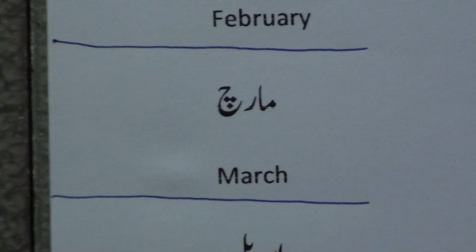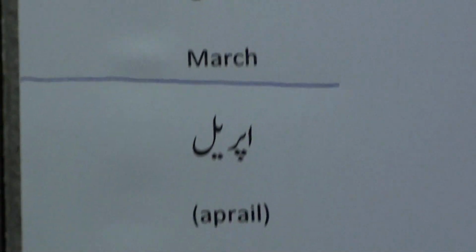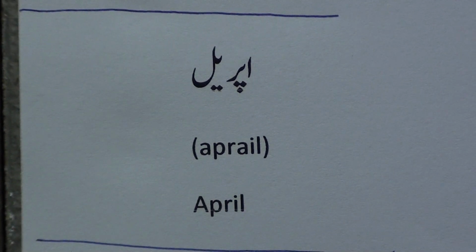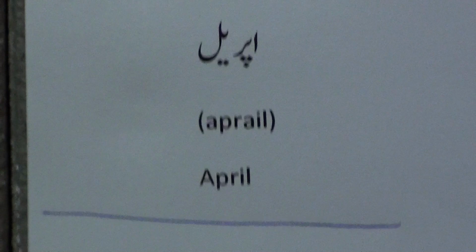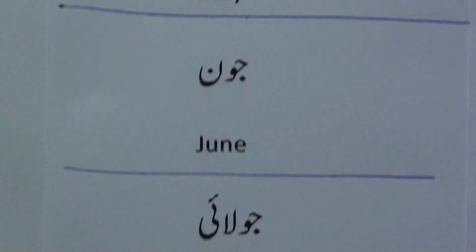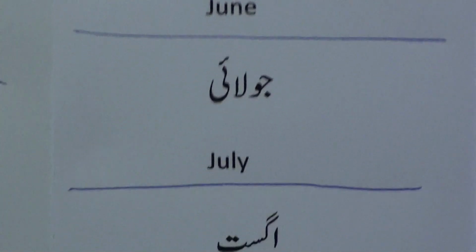March is March. April is April. May is May. June is June. July is July.